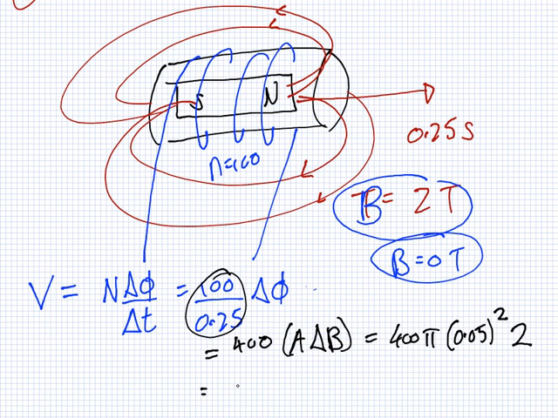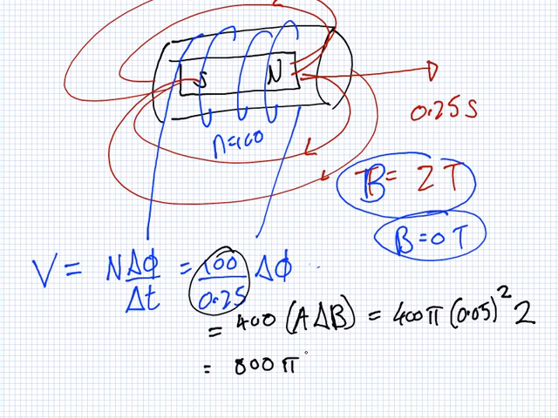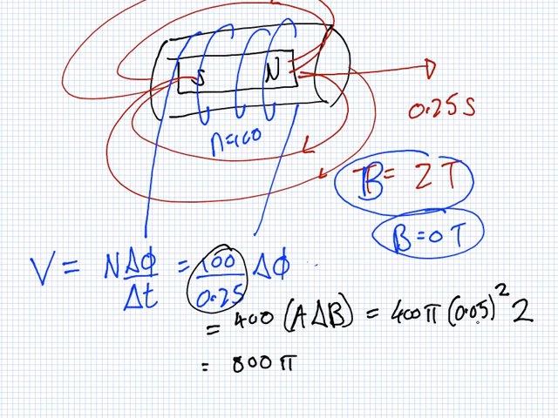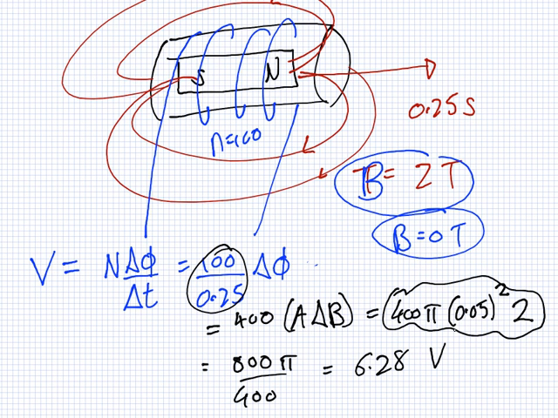So that would be 800 pi, and this is 1 over 20 squared over 400, I think, 2 pi, about 6.28 volts. I don't know, if you type this in, this is 6.28? Yes. Yeah.